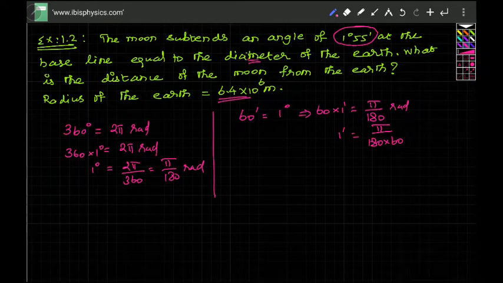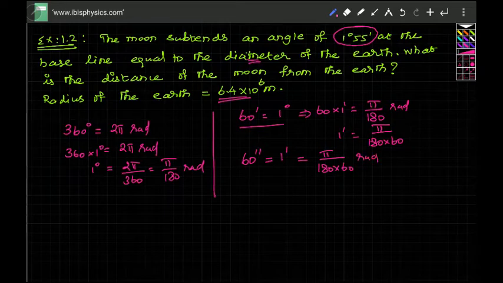We are going to use a far better version of this. Just as 60 minutes equal 1 degree, 60 seconds equal 1 minute. But 1 minute equals pi by 180 into 60 radians.